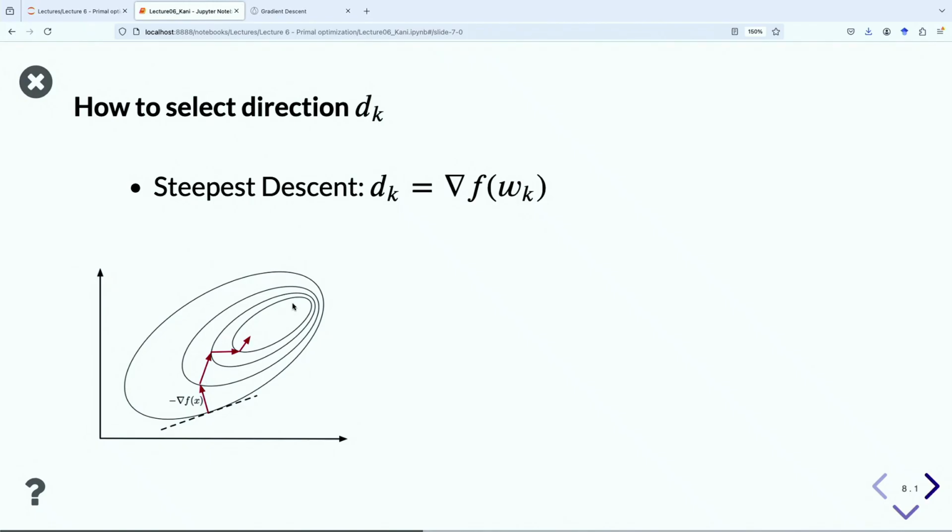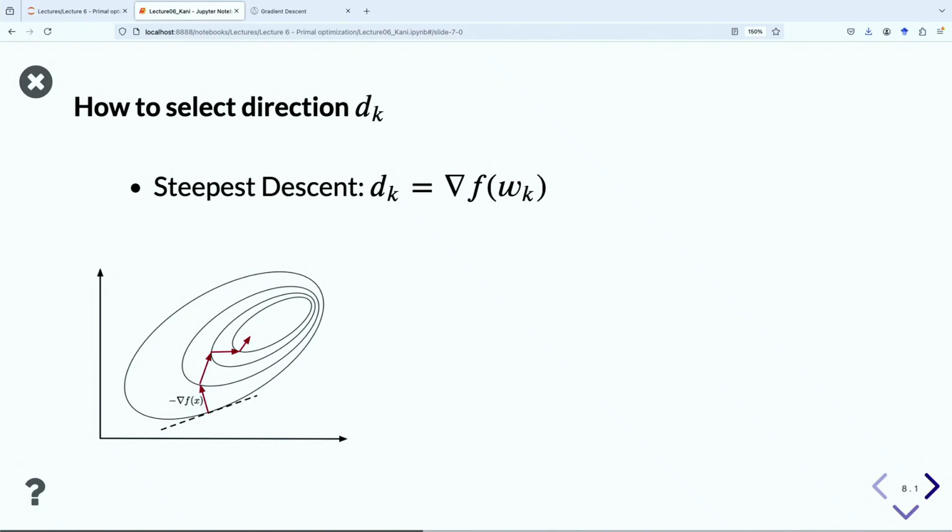We won't know if it is a global or local minima unless we know if the function is convex itself.